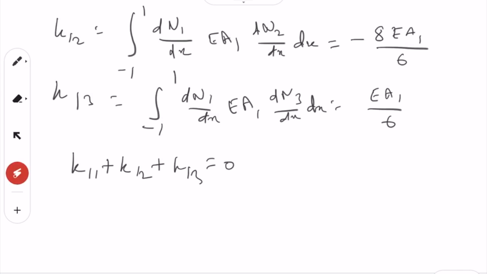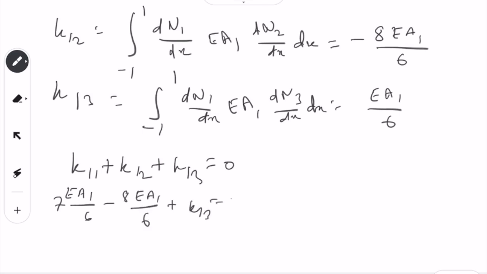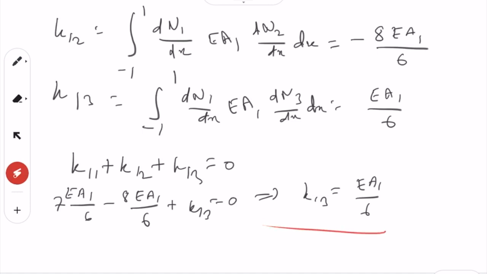If you know K11 and K12, which is EA1 over 6 times 7, then minus 8 EA1 over 6 plus K13 equals 0, this simply tells you K13 has to be equal to EA1 over 6. Similarly, we already have completed the first row, and hence we can replicate.